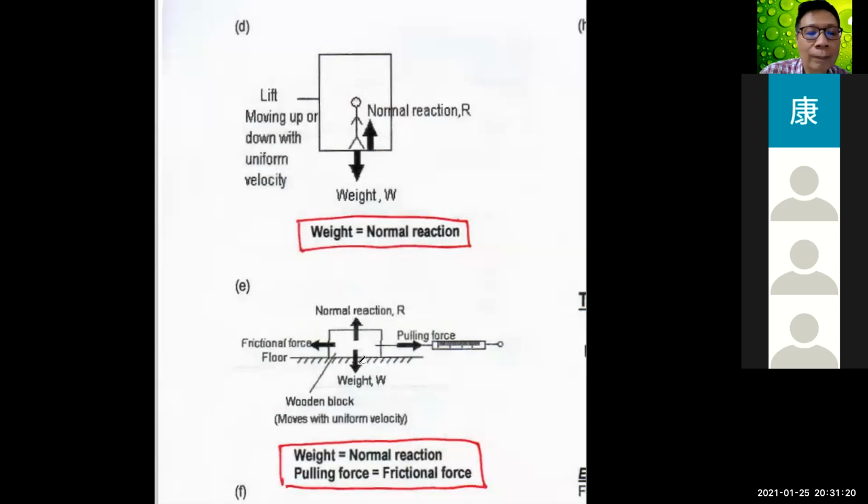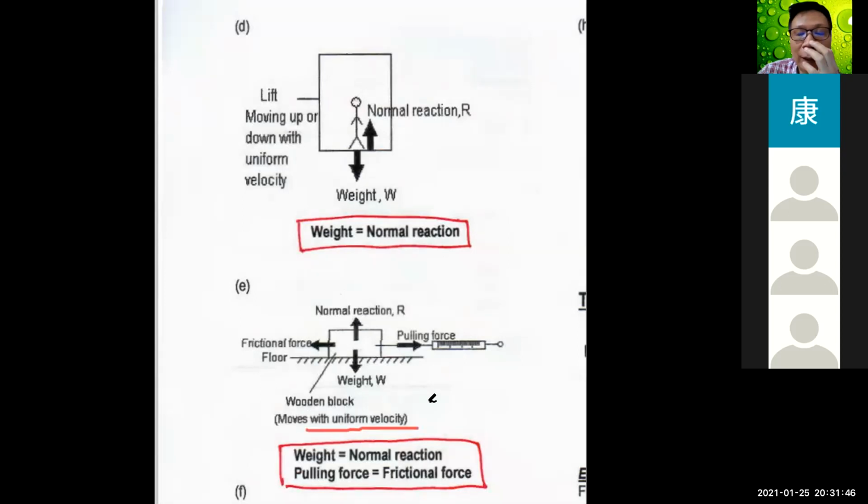So we say the net force, when you add up 1, 2, 3, 4, when you total up, you get 0. Positive cancels negative, so it becomes 0. So forces in equilibrium. Because you are pulling it, the object will move with uniform velocity.